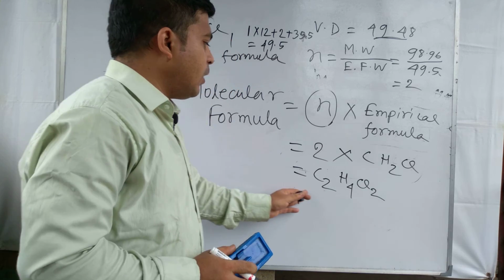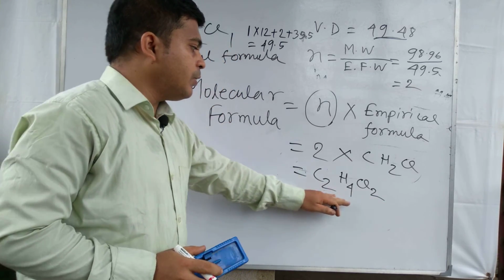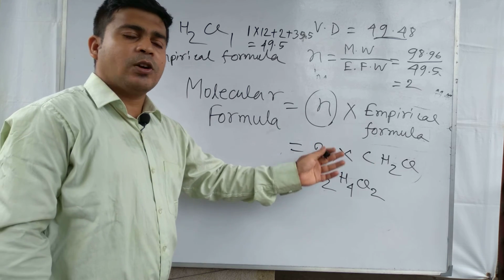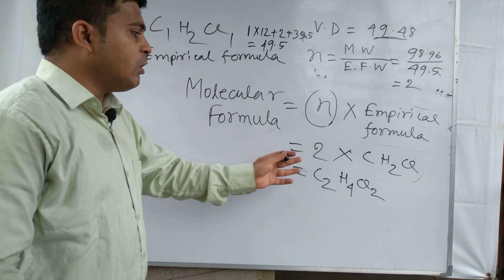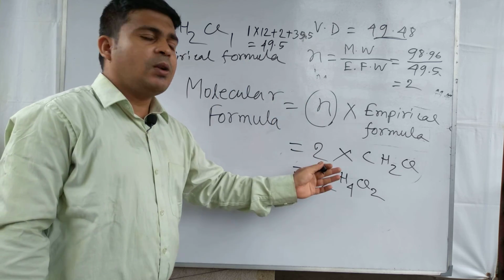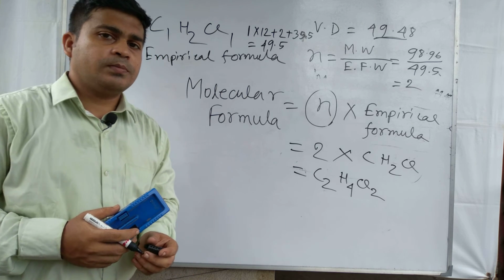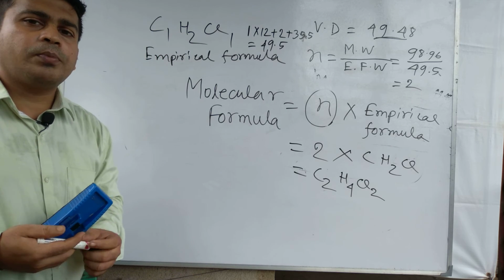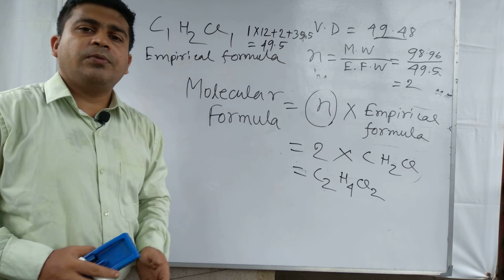So the molecular formula C2H4Cl2 shows exactly how many atoms of each element are present in a single molecule of the compound. This is the process of calculating the molecular formula and empirical formula for a given compound.